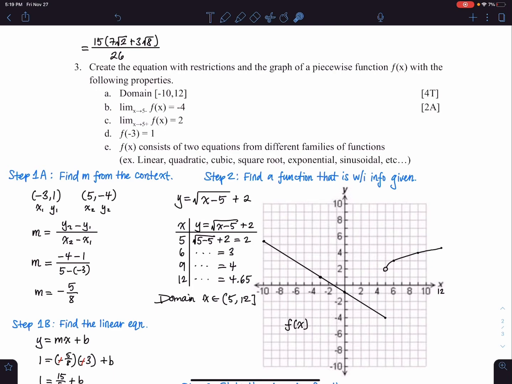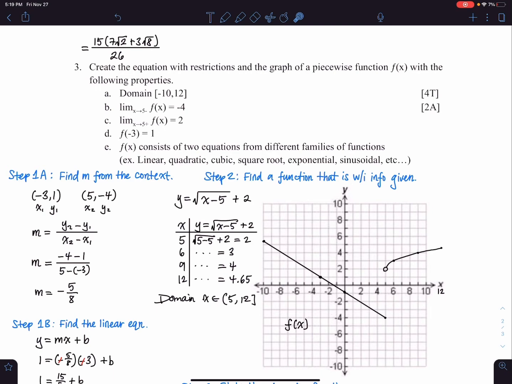And B, we want the limit of f of x as x approaches 5 from the left. That's what the little minus sign after the x approaches 5 means, from the left, to equal minus 4. C, so we want the limit of f of x as x approaches 5, but this time from the right hand side, so that's indicated with a little plus, to equal 2.